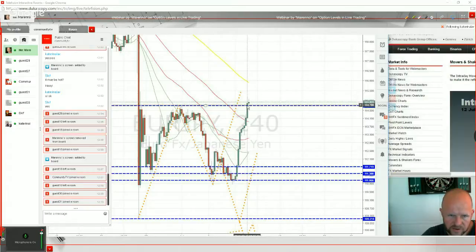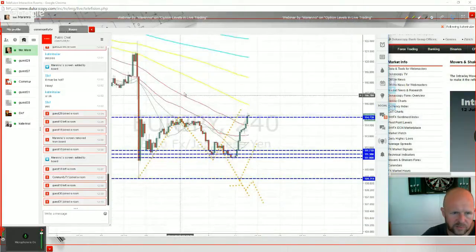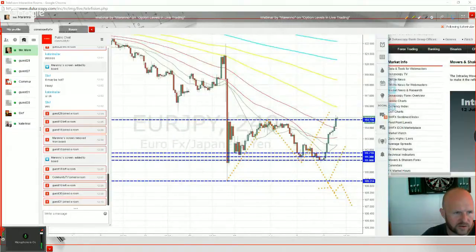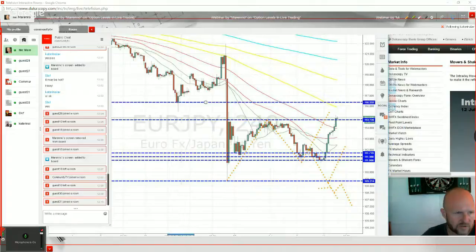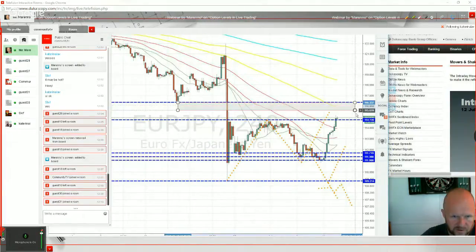We've closed above. I don't really like it. Closing below this is a must before we look for selling opportunities around this level. What I can see from a longer term picture is that we do have some kind of, let me show you, a reversal area here roughly.